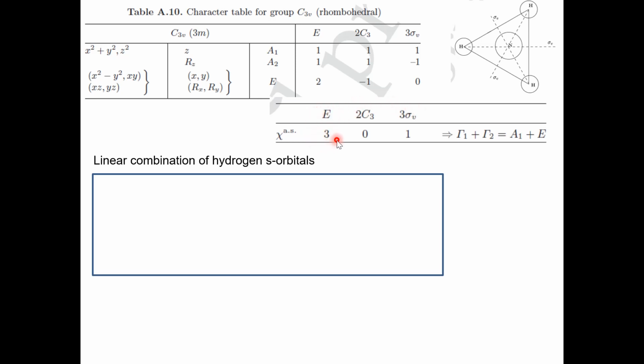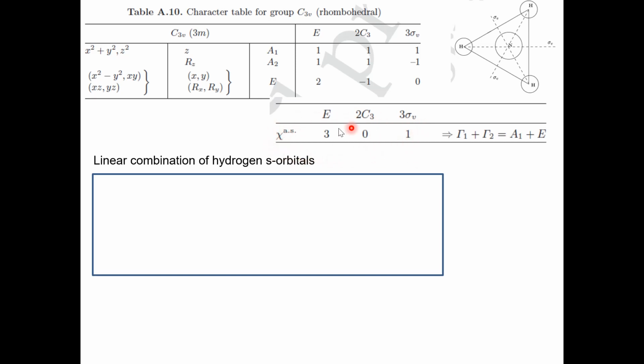So for the identity, you don't change any of the hydrogen atoms. For the C3 you change all of them, so the character is 0. And for the vertical reflections, one atom remains invariant. So for instance, for this reflection plane, this atom does not move. So we have a character of 1 here.